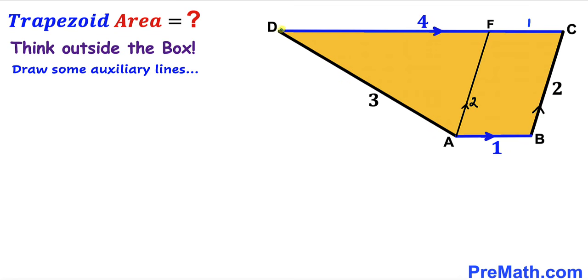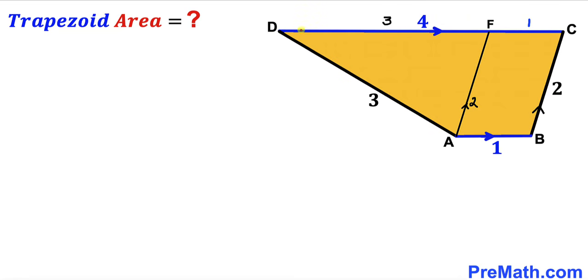Now let's make an observation. We know that the whole CD length is 4 units. Segment length FC is 1. So the remaining segment length DF is 4 minus 1, which gives us 3 units. Now let's make an observation.